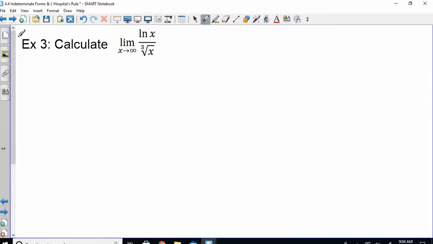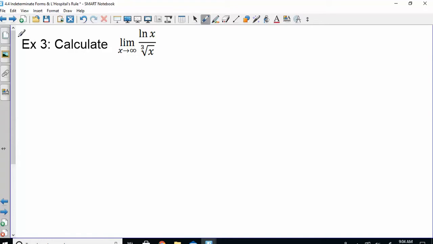Limit as x approaches infinity of the natural log of x over the cube root of x. All right, so first we always check to see, can we just evaluate this?